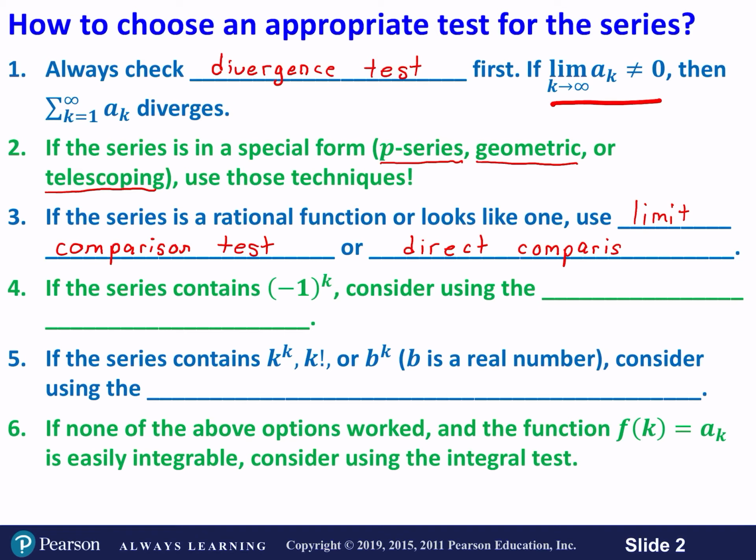Remember, as I told you in the last section, if we attempted to use the ratio or the root test for these types of series, we would get no conclusion. And so the limit comparison test and the direct comparison test are good ones to use for rational functions.